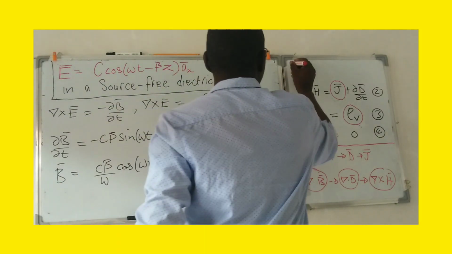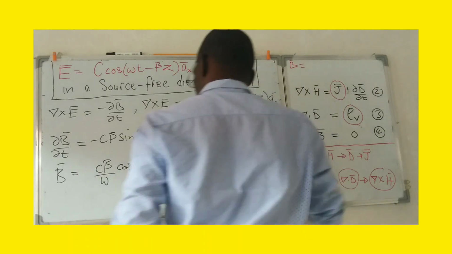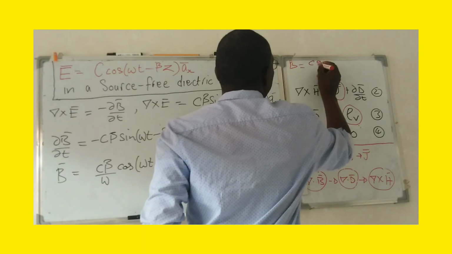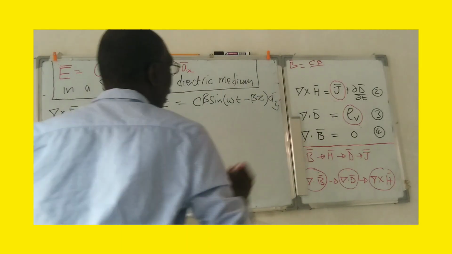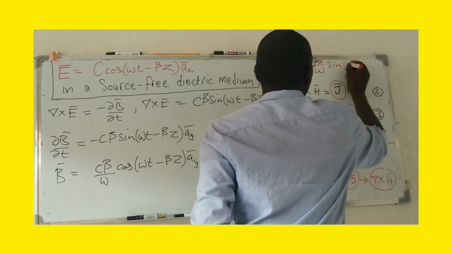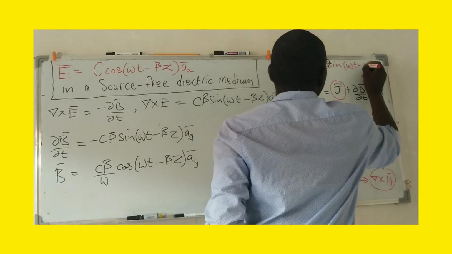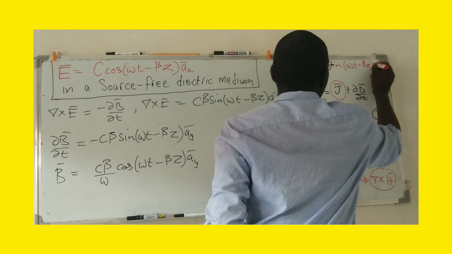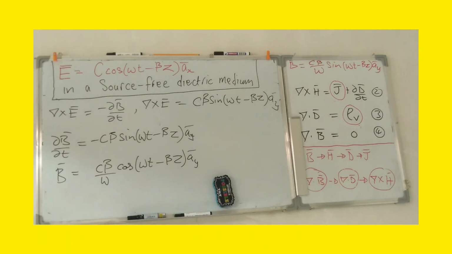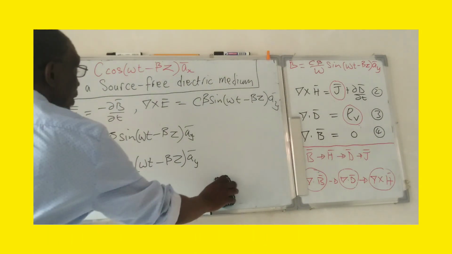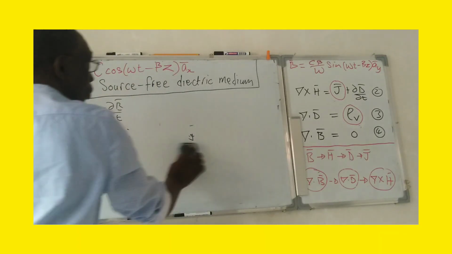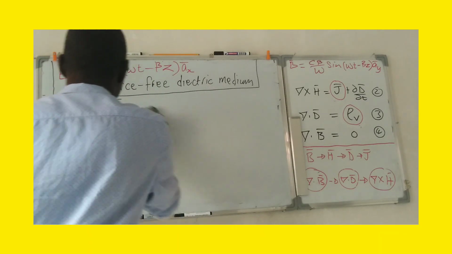So B is equal to C beta over omega sine of omega t minus beta z along the y direction. I hope you can see my red clearly there. So let's create space here and do our next part.